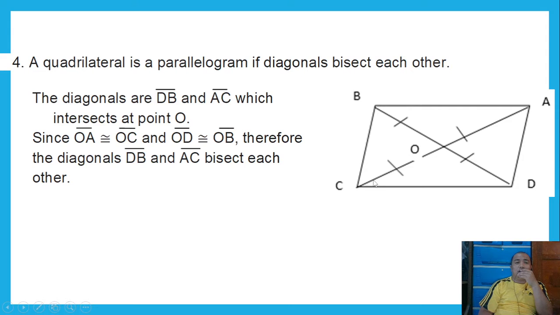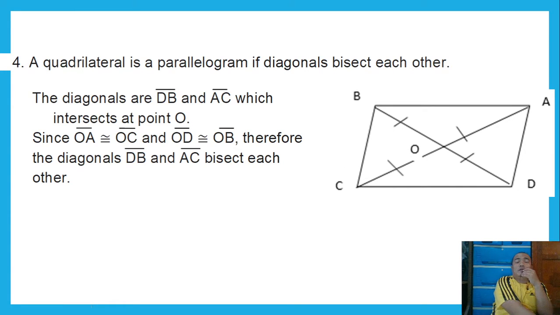Number 4, a quadrilateral is a parallelogram if the diagonals bisect each other. So what are the diagonals in parallelogram ABCD? These are segment BD and segment AC. These two diagonals of parallelogram ABCD bisect each other. That means these two diagonals intersect at O. Since OA is congruent to segment OC, OD is congruent to segment OB, therefore the diagonals DB and AC bisect each other.